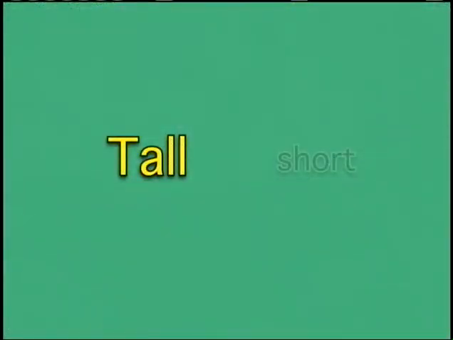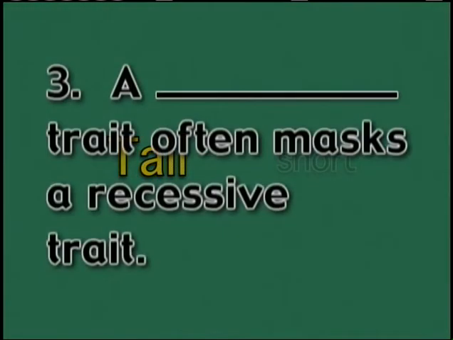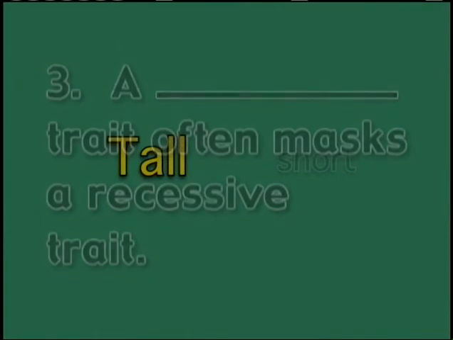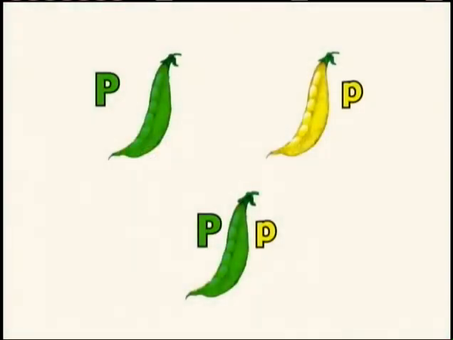Number 3. A ___ trait often masks a recessive trait. Number 4. An offspring, according to the law of segregation, generally receives a gene for a trait from each ___.